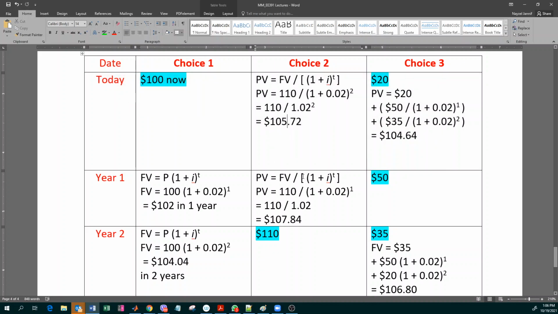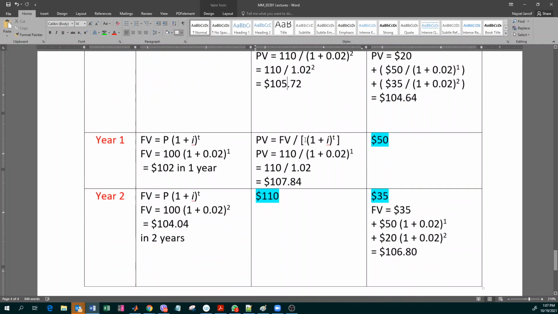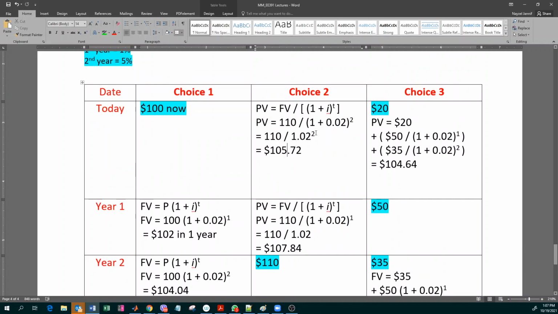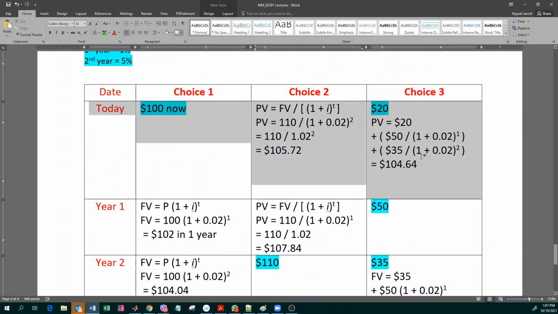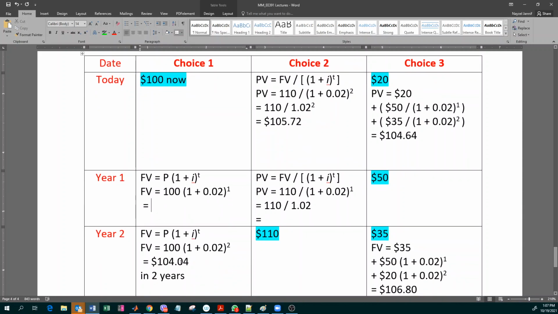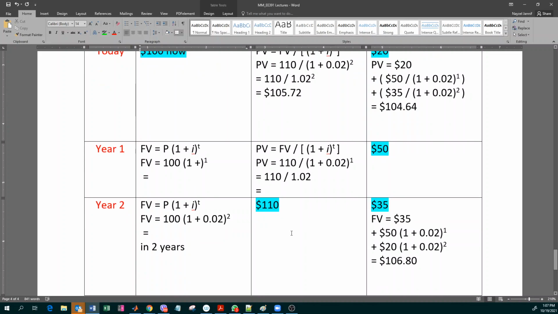Now let's look at the 5%. In terms of choice number 2, in today's time frame, what would that be, guys? What percentage rate would you choose?